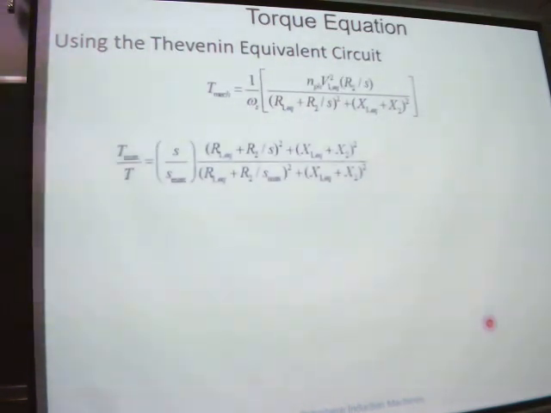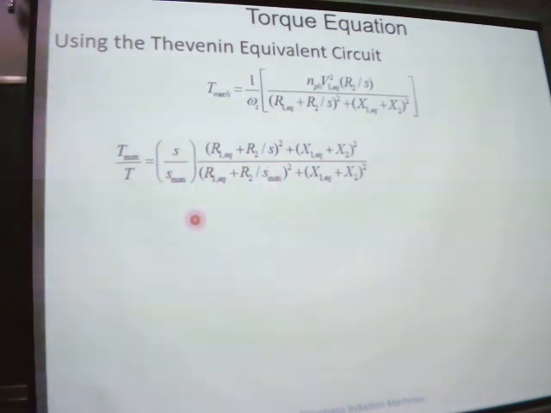Now, if we take the ratio of T max over T, we can from this equation take the ratio between the maximum torque and the general torque at any speed. So at any speed, R2 over S. So it is any value.